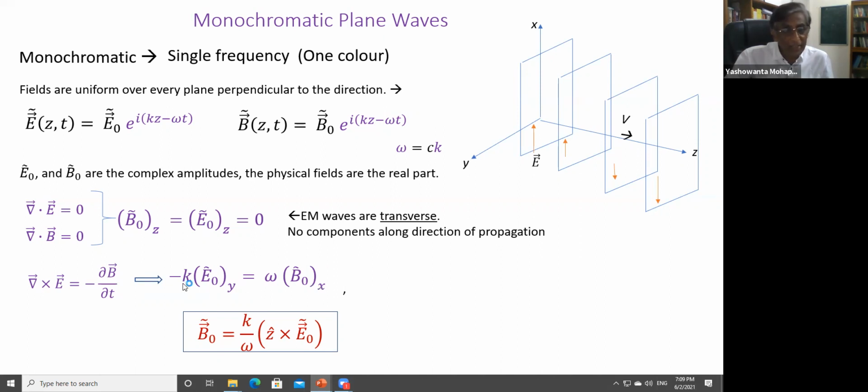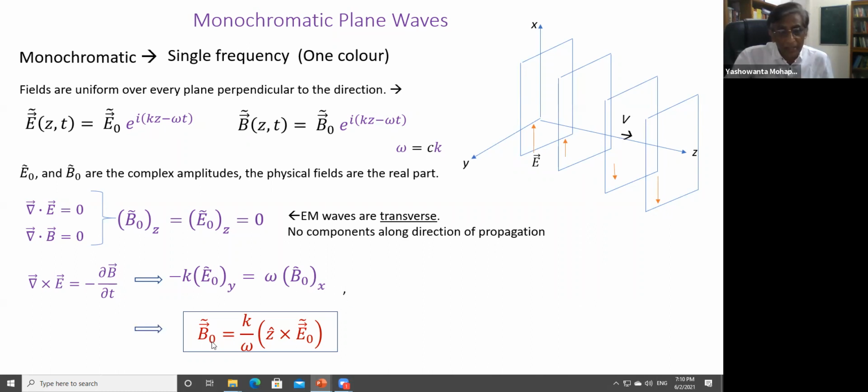So minus k E naught y on one side, and omega B naught x on the other. These two must be related.